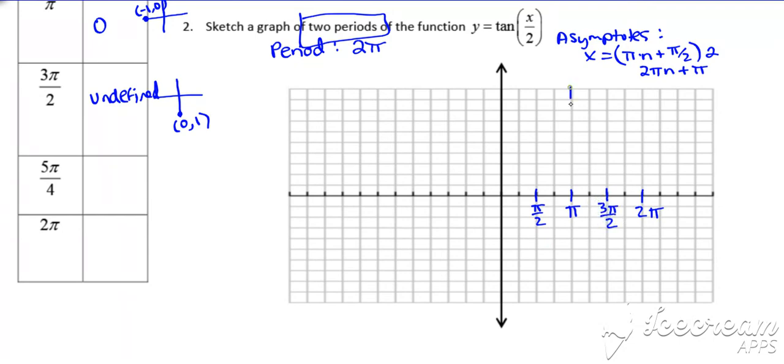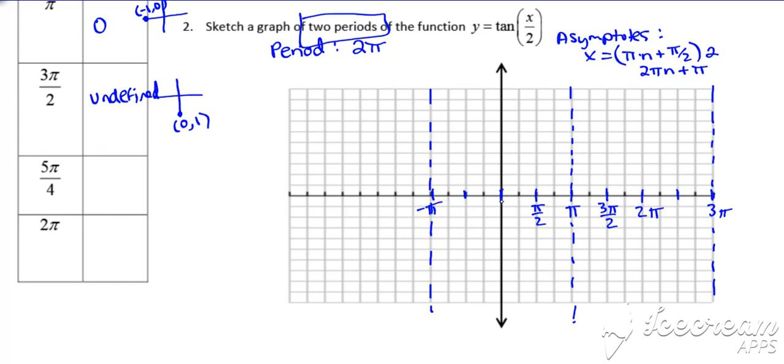So again, that asymptote is located at pi, and then it's going to occur every 2 pi radians. So my next asymptote actually would not occur until 3 pi. And the one before that would occur at negative pi, because again, we're counting every 2 pi radians.